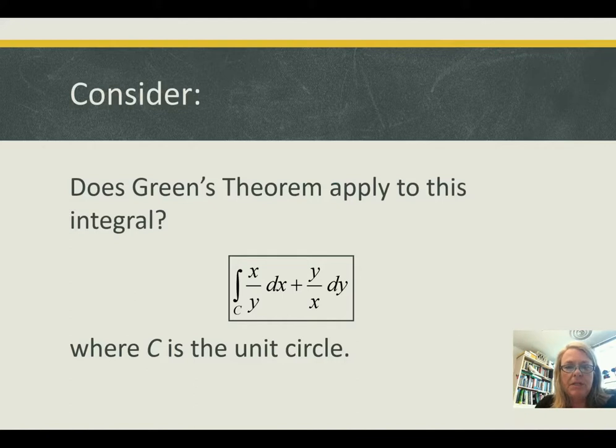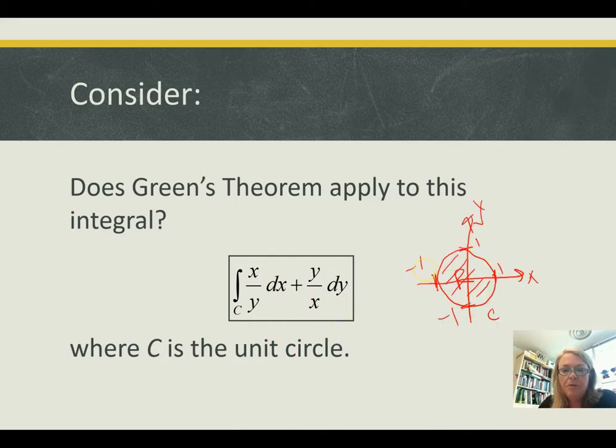So let's take a look at this integral, and we want to answer the question, does Green's theorem apply to this integral? We have the integral over curve C of x over y dx plus y over x dy, where C is the unit circle. So first let's look at the region R and the curve C.